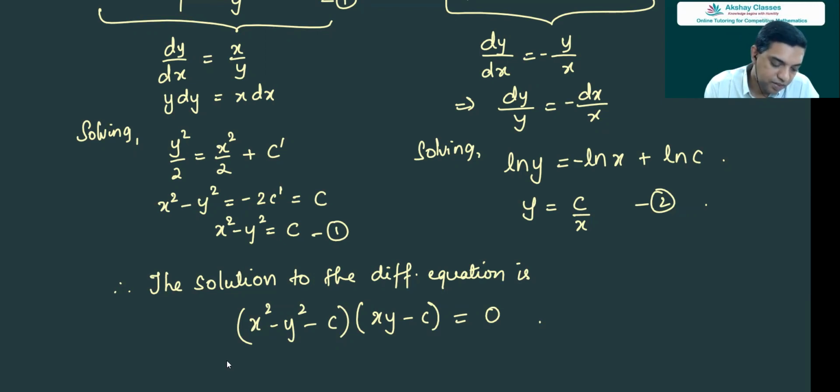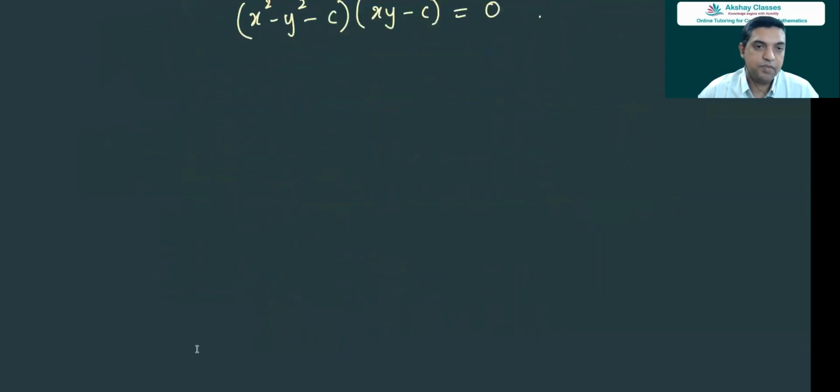Now, next, there are examples of different types where solvable for x or solvable for y. So, say case 2. So, there's a higher order differential equation.